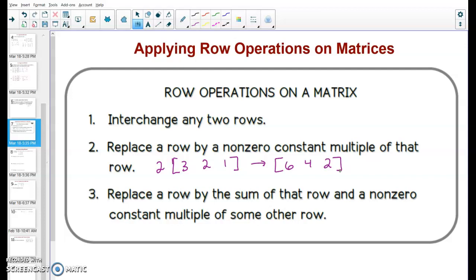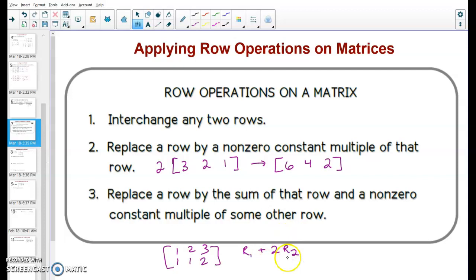And you can replace a row by the sum of that row and a non-zero constant multiple of some other row. Okay, so a lot of pretty confusing information here right now, but let's say we have these two rows. If I want to replace that first row, I'm allowed to replace it by the sum of that row. So I can add row 1 plus, let's do 2 times row 2.